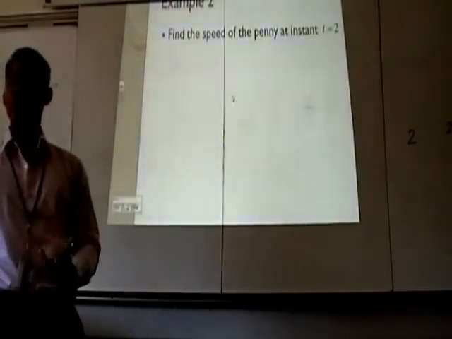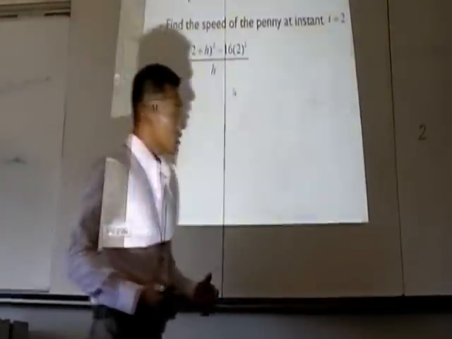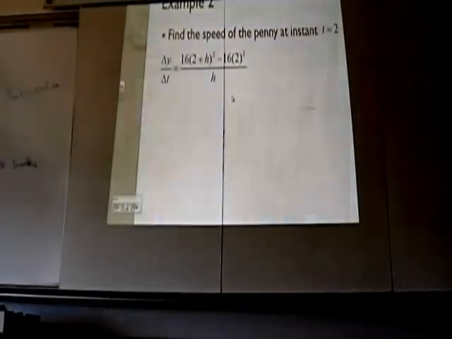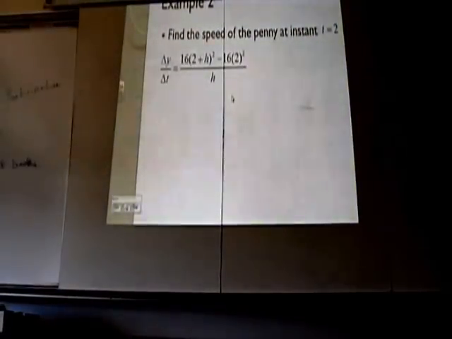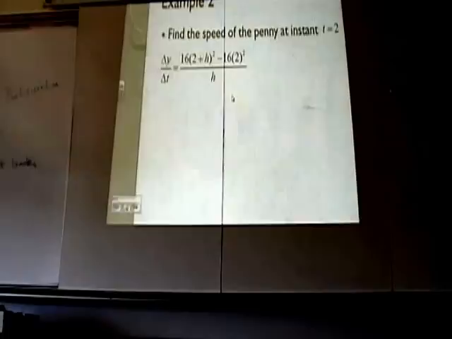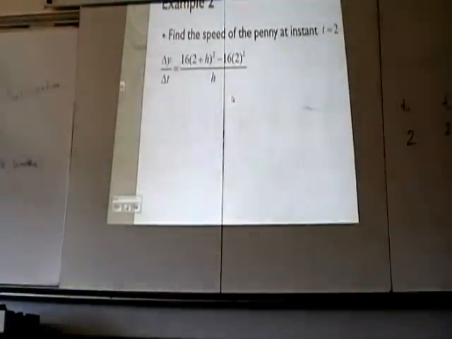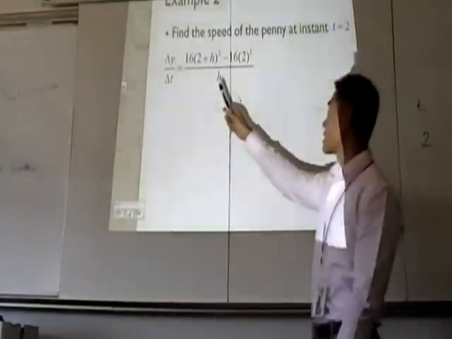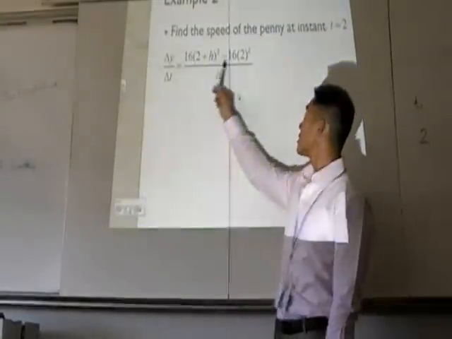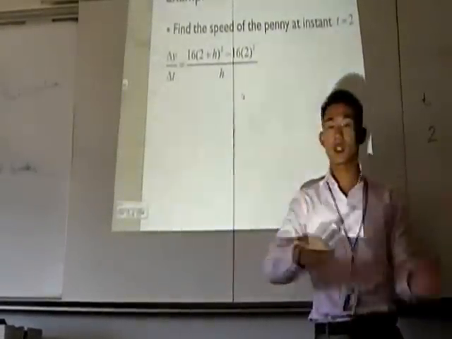So we're still going to find the average. This is time 1, and this is time 2. We're going to take the second time, plugging it into the same thing. The second time is 2 plus h, or 2 seconds plus h. We're going to square it like we did, times 16, minus the original time.